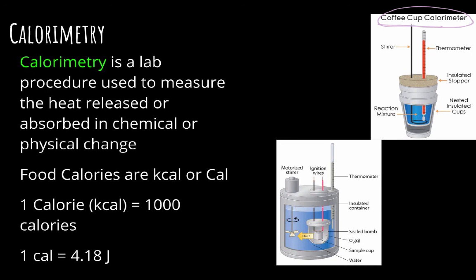There's a more sophisticated way to do this, called a bomb calorimeter. That's what this device at the bottom is. We don't have access to these, but it's a sealed container, and the sample inside is actually combusted. There's a slightly different calculation for a bomb calorimeter, but that's another type of calorimetry, and we'll talk more about that in AP Chem.